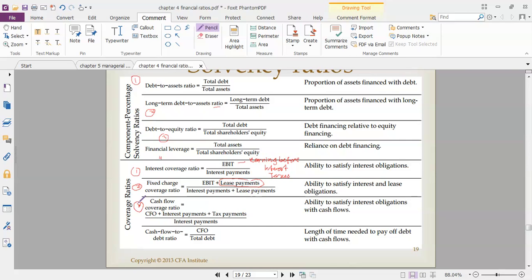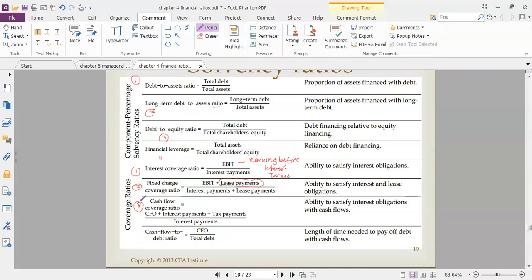The third one is the cash flow coverage ratio. To calculate it, it is cash flow plus interest payments plus tax payment, divided by the interest payment. So we know the ability to satisfy interest obligation with the cash flow. How to calculate the cash flow to debt ratio?